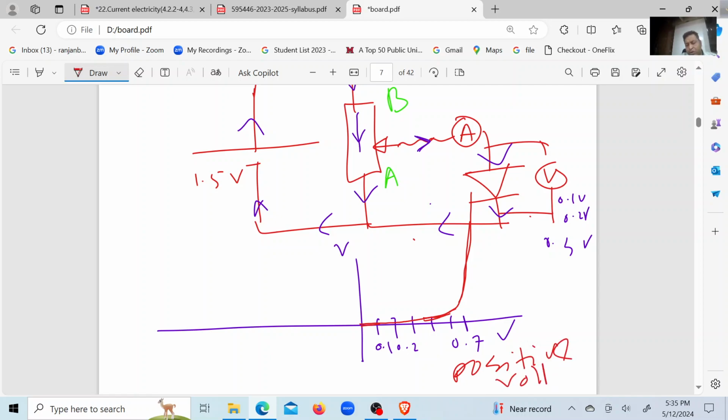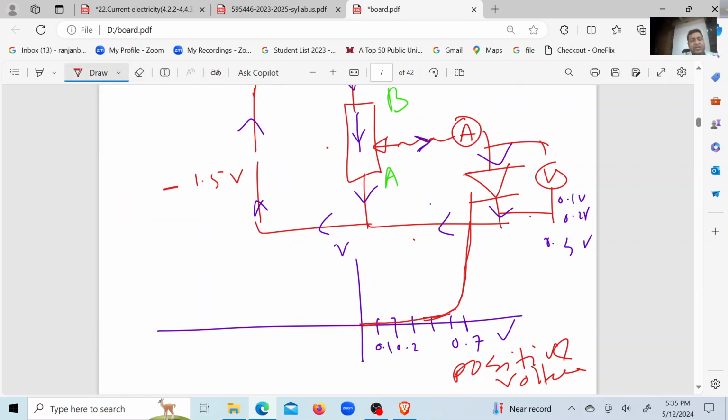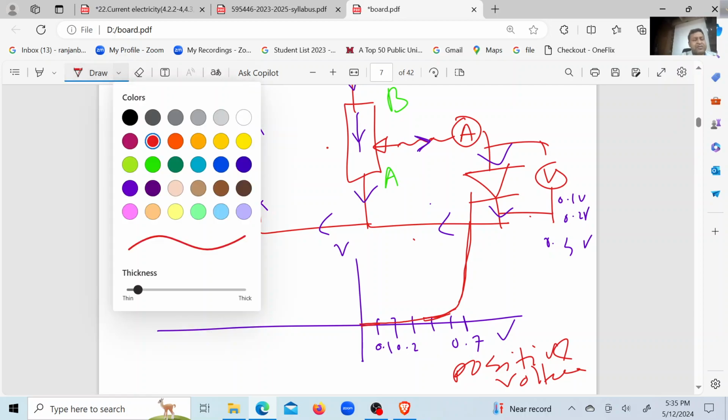Current is also positive, but the graph is like this. Clear? But if you reverse the diode connection or reverse the battery connection, the positive side is now going to the negative side. So it's a negative voltage, minus 1.5.